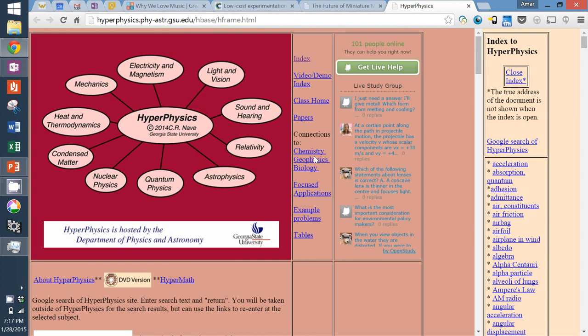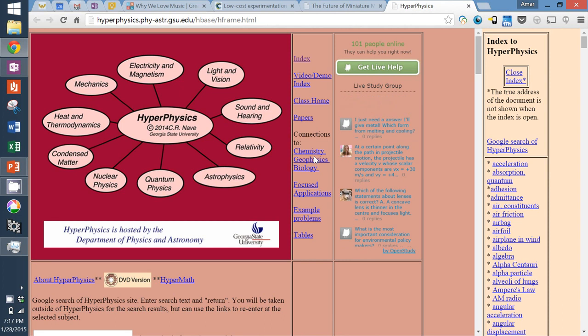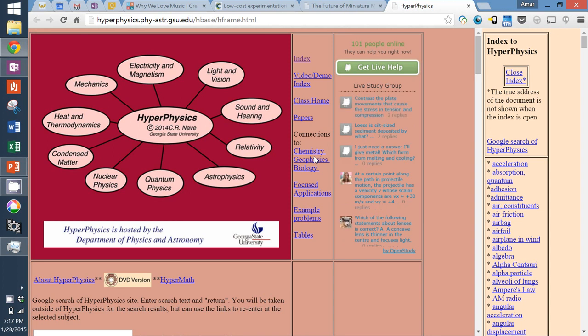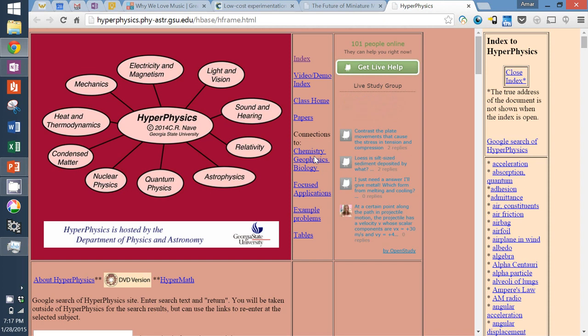As I said before, a lot of times us as engineers, we're trying to understand different energy domains, especially in the field of MEMS, right? This Hyperphysics website is really nice. It's been around for more than 5 years at least. It talks about all the different energy domains, the different areas of physics, and if you need to understand a physics concept, this website seems to describe it really nicely.